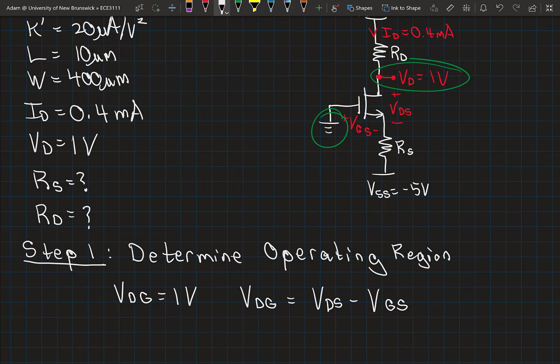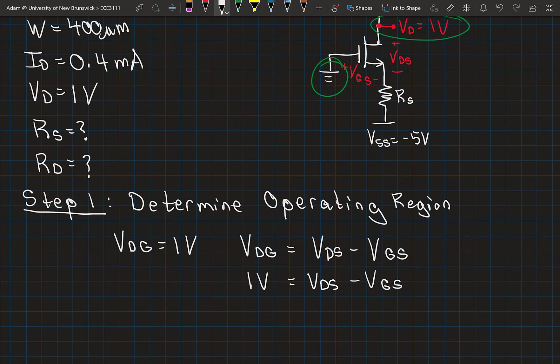Okay, so with that in mind, I know that my drain to gate voltage is 1 volt. So rearranging this equation, I can state that my drain to source voltage is equal to my gate to source voltage plus 1 volt.